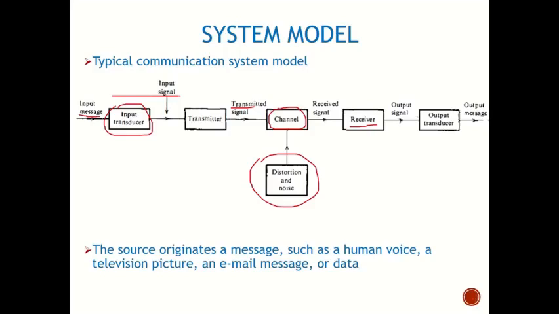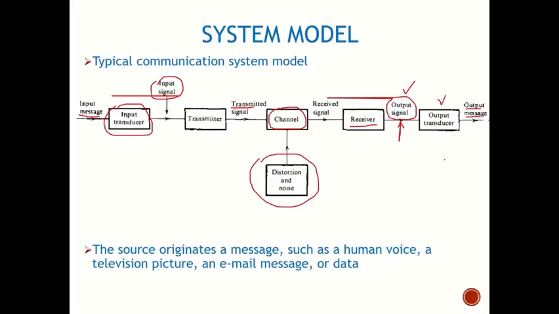Ideally, at the output we should have exactly the same signal as we had at the input, but because of distortion and noise, we will not get an exact copy at the output. But it's good enough. Generally there are limits to the noise and distortion, so the signal is good enough, and we can extract our original message signal back by using an output transducer.